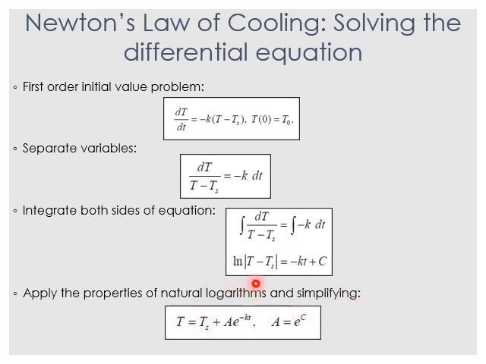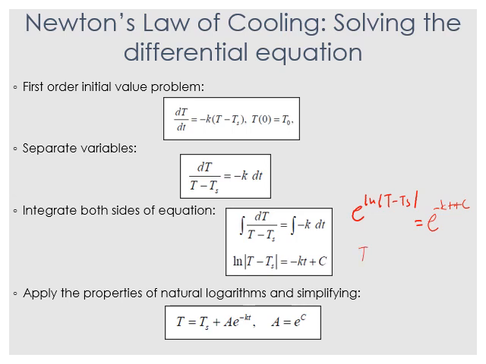We put exponent on both sides, so we get exponent of ln T minus Ts is equal to exponent of negative kt plus c, right?